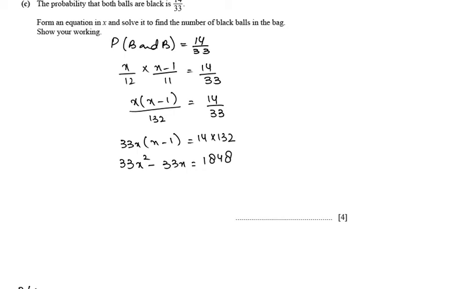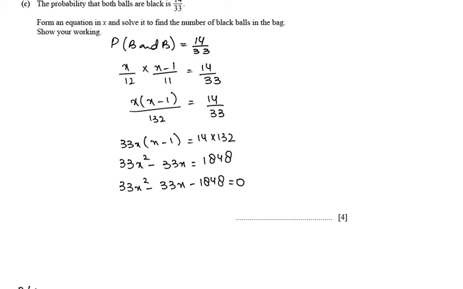Now when we shift this to the left hand side, it's 33x square minus 33x minus 1848 is equal to 0. Now remember, as this part has 4 marks, you have to show all these steps.